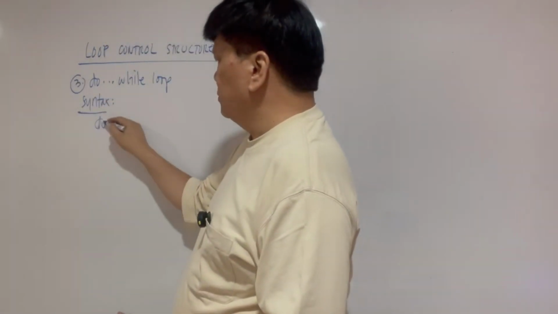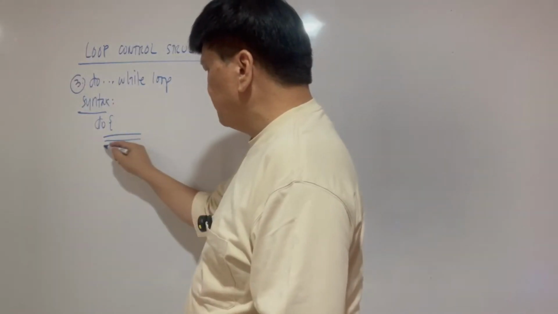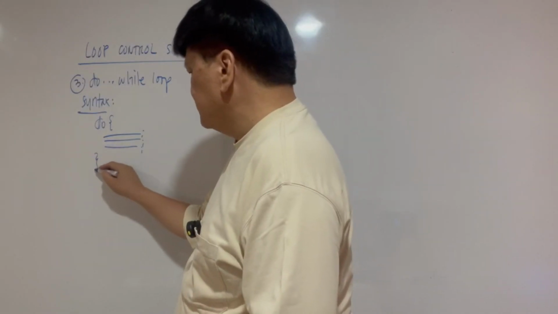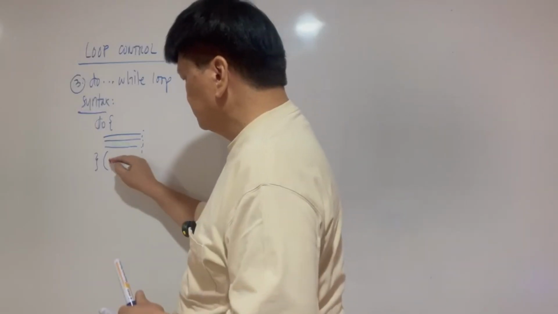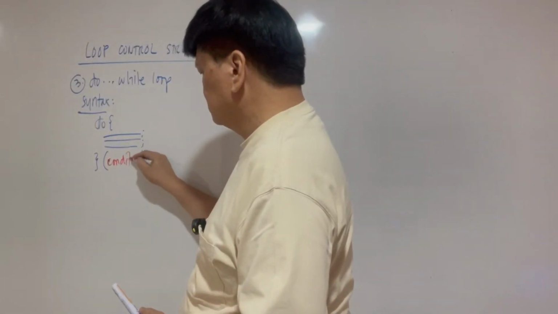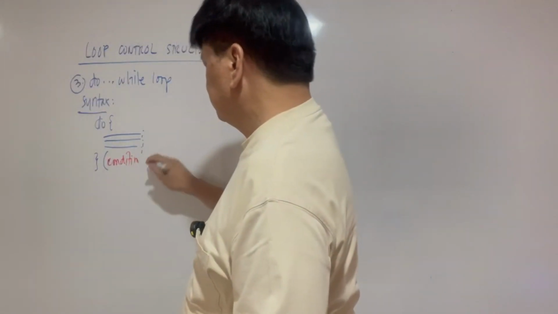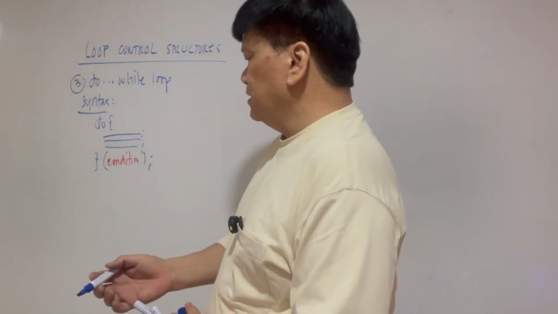You have there the do, begin, then execute whatever statements are inside the loop. Then followed by the end, then the condition inside the parentheses, then semicolon.